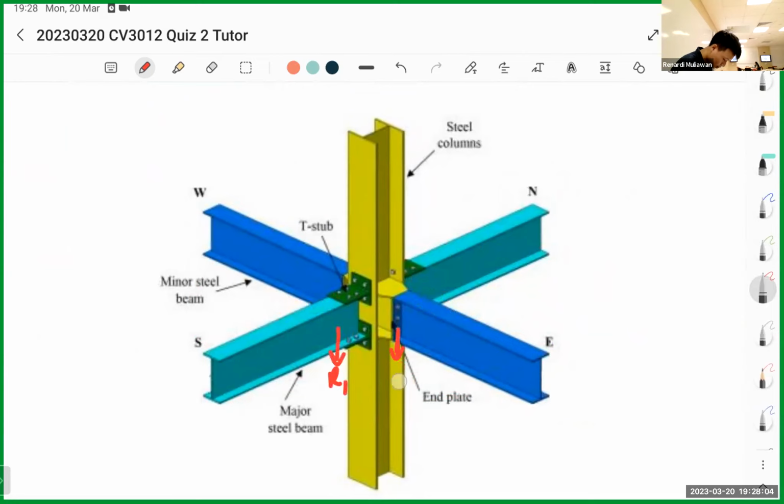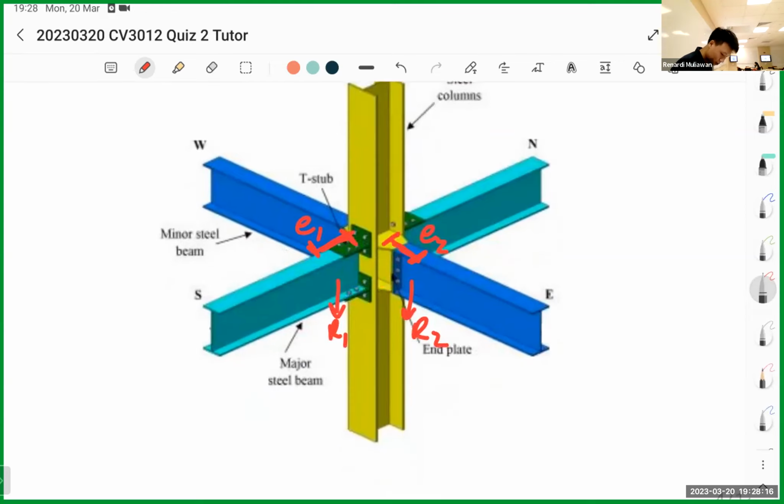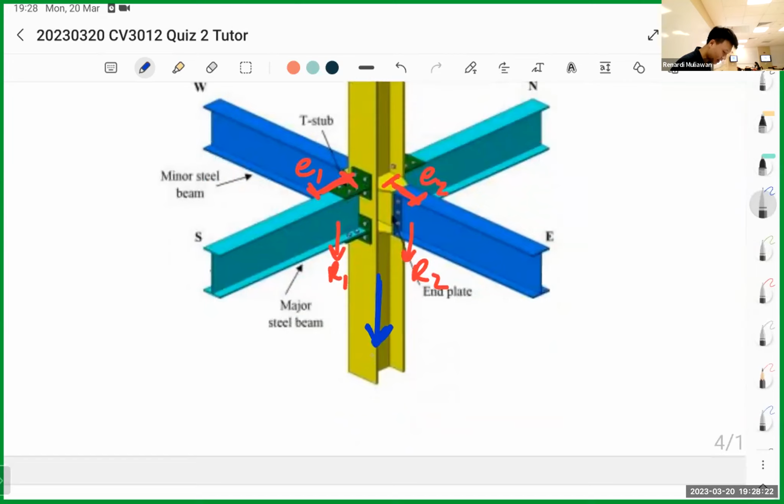So this is R1, this is R2, this is E1, this is E2, and then there's R3 and R4. This column will receive axial force of R1 plus R2 plus R3 plus R4.